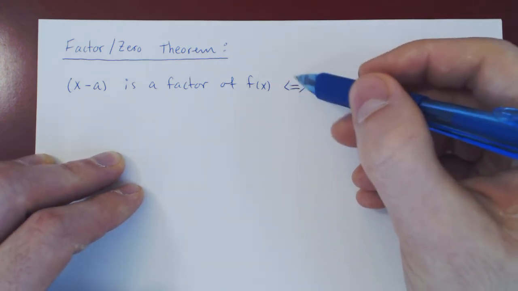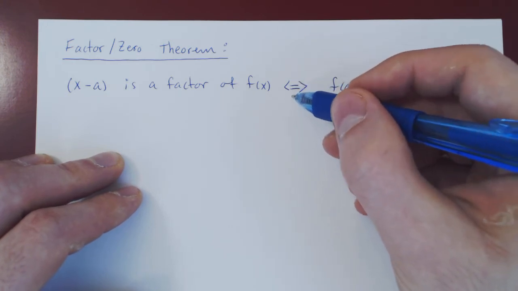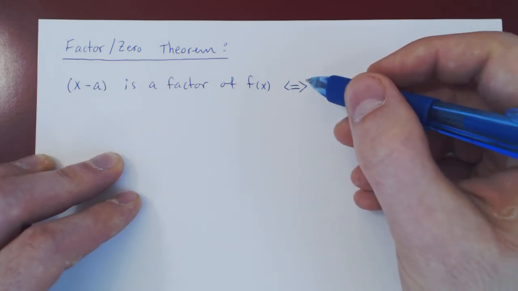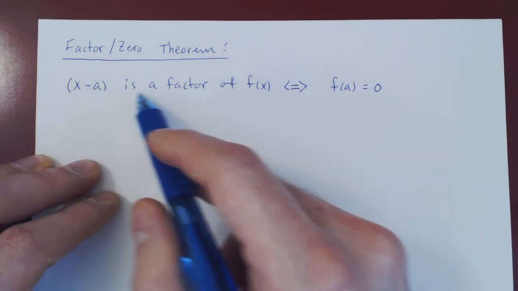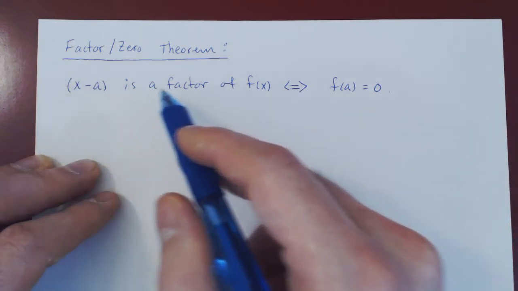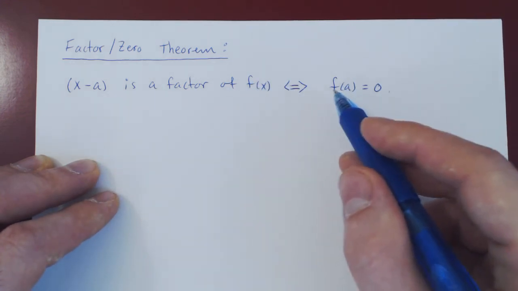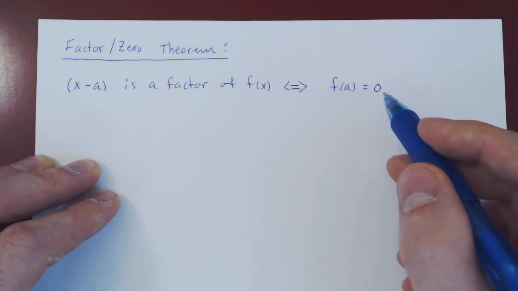Now what is, again, this logical symbol? As we have just said, it means if and only if, which stands for a logical equivalence, which means both statements look different on the surface, right? Here we're saying x minus a is a factor of our polynomial. Here we are saying that a is a zero of our polynomial, f of a is equal to 0.